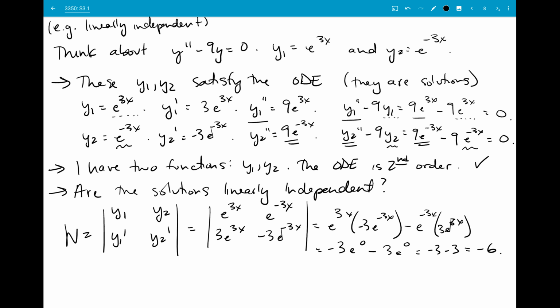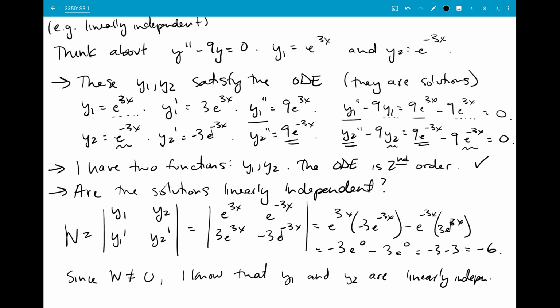And really the number that the Wronskian gives you doesn't matter except that it's not 0. So since I didn't get 0, I know that y1 and y2 are linearly independent. And so that's that second special property that two solutions have to have in order to form a general solution.